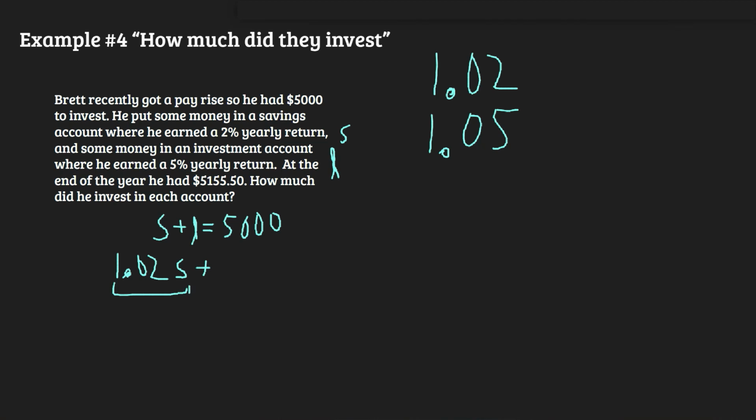And then plus for the larger account, 1.05 times the amount of money we originally put into the larger account. And I know that whatever that is over a year is going to be equal to $5,155.50, or just 0.5.